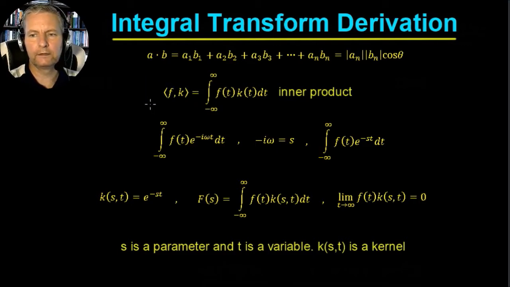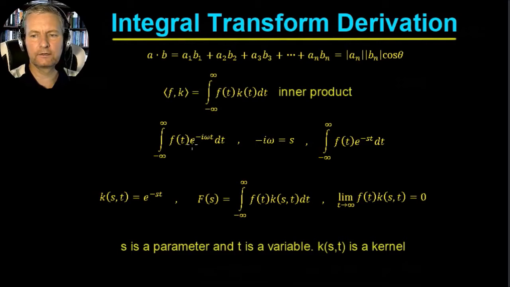Now, when we did the Fourier transform, it was in this form here, the integral from minus infinity to infinity of f of t e to the minus i omega t by dt. So really what we were saying was, we're taking the function f of t and we're decomposing it onto an orthonormal basis, and the orthonormal basis is given by that e to the minus i omega t.